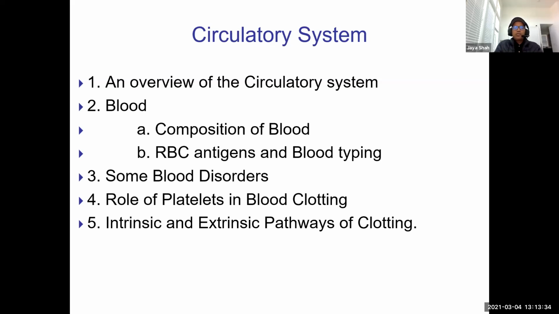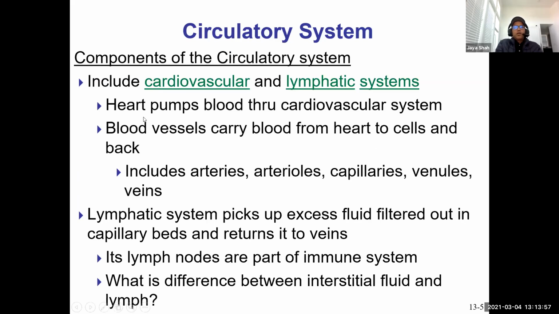So in detail, we will talk about the platelets' role in blood clotting. Blood clotting has two pathways, intrinsic and extrinsic. The intrinsic pathway is a little bit longer, and we will talk about both the intrinsic and extrinsic pathways of blood clotting. Okay. So the components of the circulatory system include the cardiovascular and lymphatic system, as I said earlier.